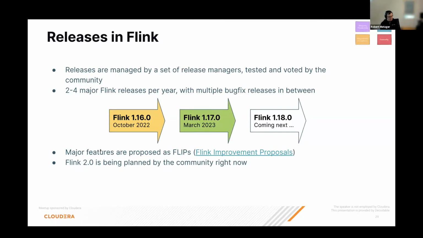Then you propose this design document on the dev mailing list, where you get feedback and questions from the community to make sure that your FLIP is a good fit for Flink. And once your FLIP has been voted and approved, you can start working on it and open pull requests on it.